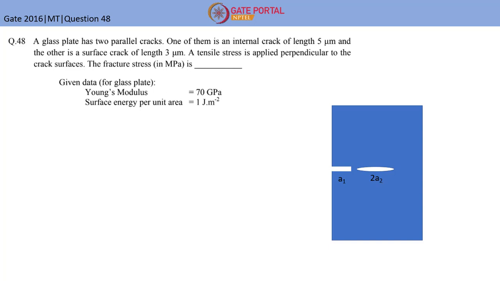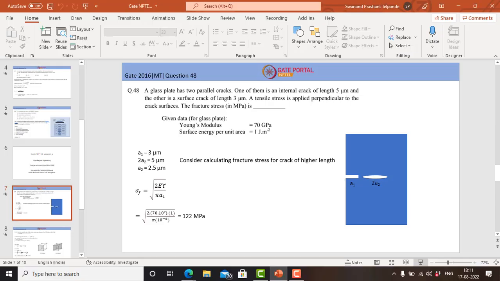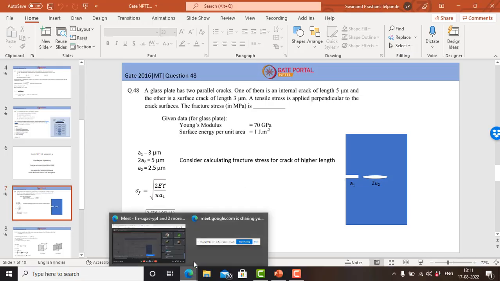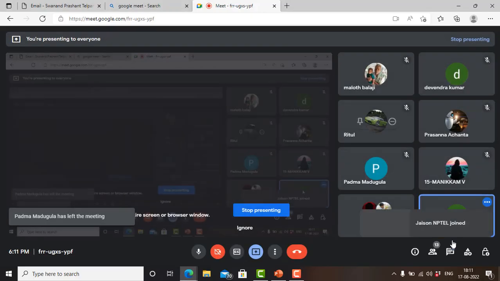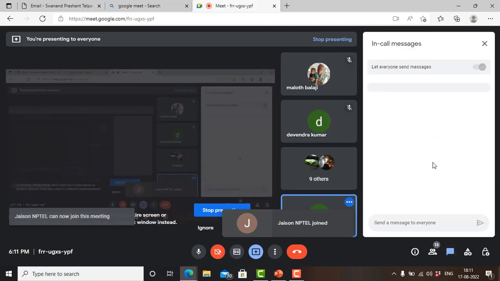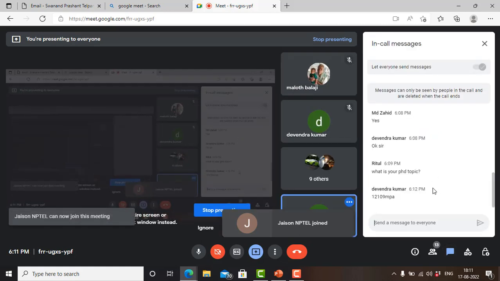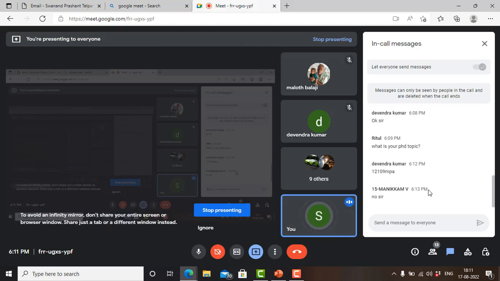Are you able to solve that? Okay, I can see one answer till now.